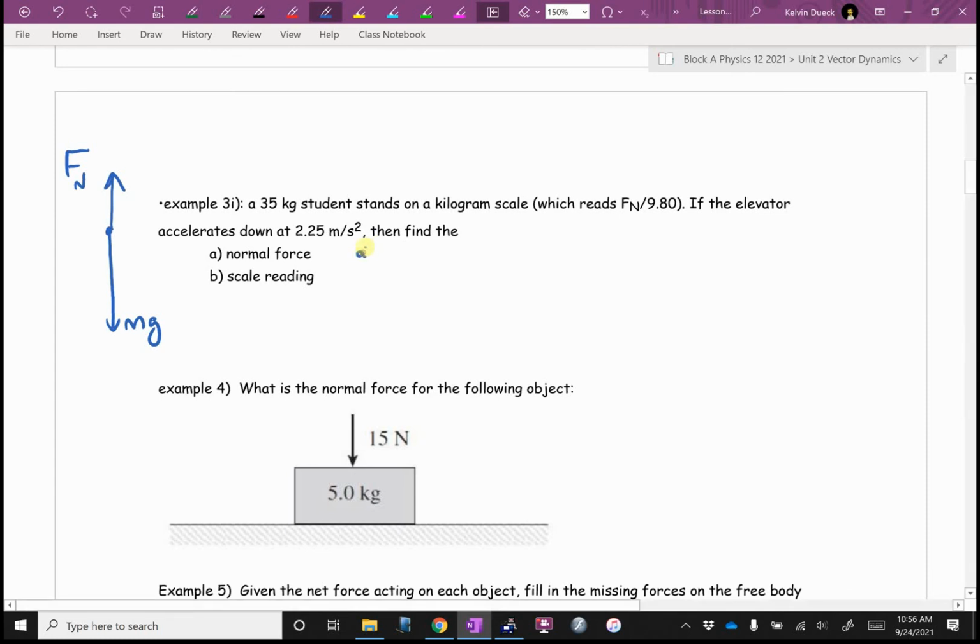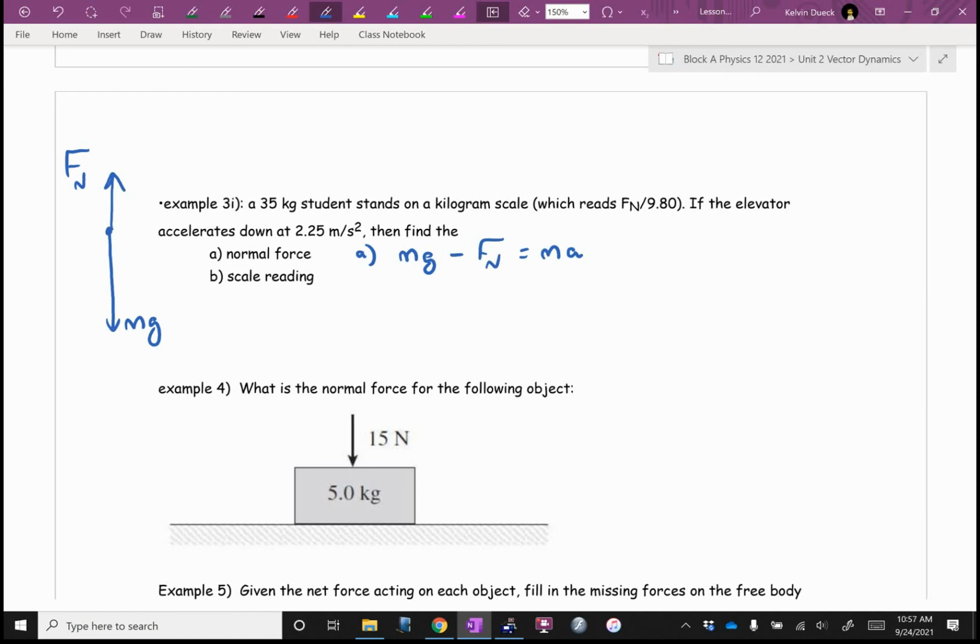Who's winning? mg minus. Who's the loser? What does winner minus loser always equal? What's part A asking me to find? What's right in front of the Fn that I don't like?